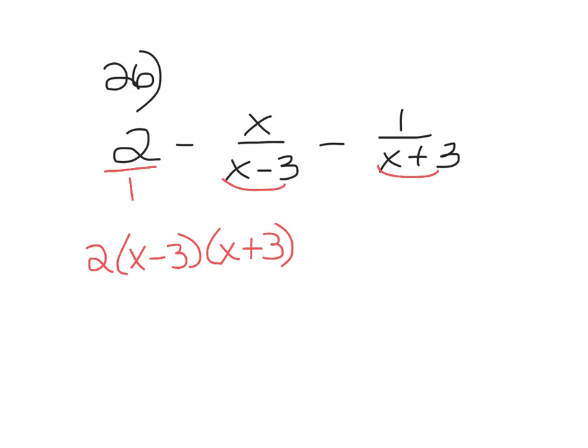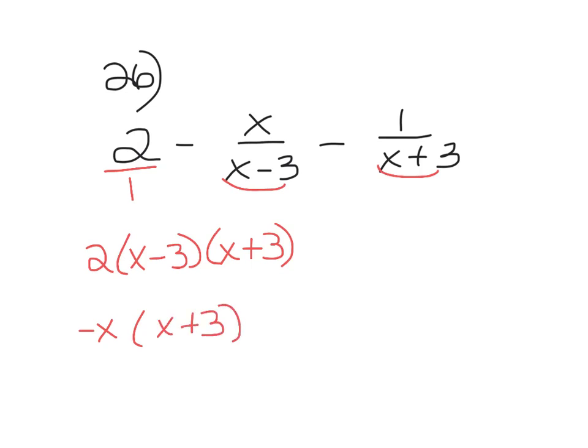I need to FOIL and distribute. The second fraction, the numerator is only missing the x plus 3. So if I take that, and then I could distribute x, and it'll be a negative x times x plus 3.